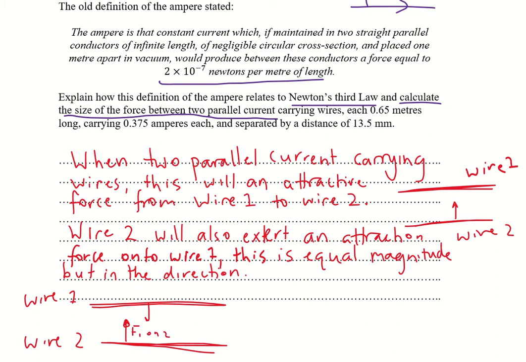And then if we have a look in terms of y2, okay, it's going to pull y1 down here. So force on 1 by wire 2, and then we'll call this force on 2 by wire 1.